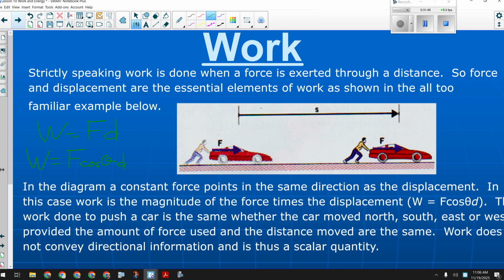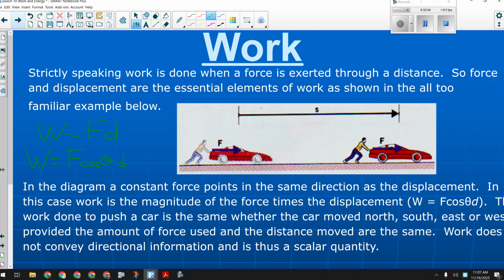If I've lifted it and now I'm pulling it at an angle, I'm not changing its potential energy, am I? It's not moving vertically, it's moving horizontally. That is where only the horizontal component of my force is actually doing any work.